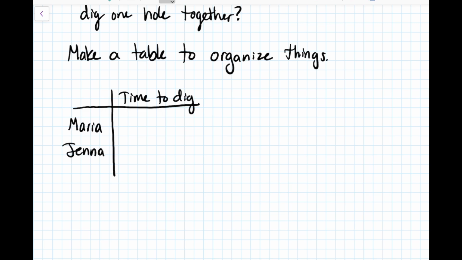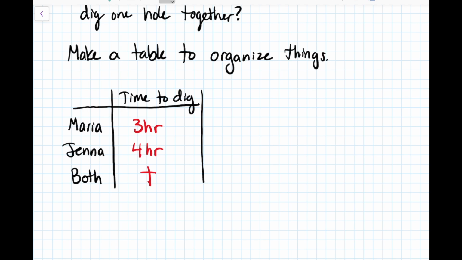So for Maria, that's going to be 3 hours, and for Jenna, that's going to be 4 hours. And that's sort of all we have. But we also want to know about them working together, so we're going to throw both in there as a third row. And we don't know that amount, so we're just going to leave that as a variable, because that's the thing we want to find out, so that's going to be t.